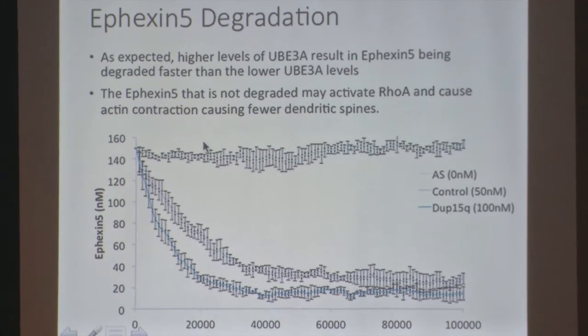You can see, first of all, that there's very little degradation; essentially we're at steady state. And by the way, since these are stochastic simulations, you have to do several runs and average them, and that's why there are error bars here.